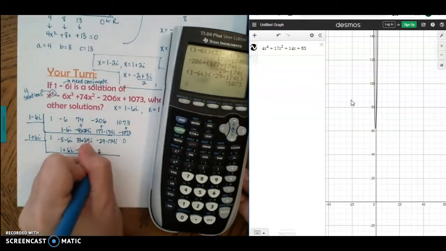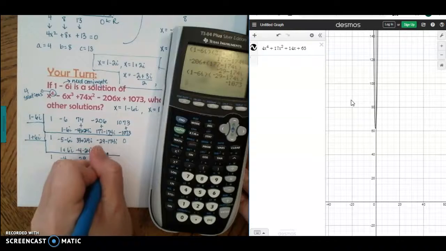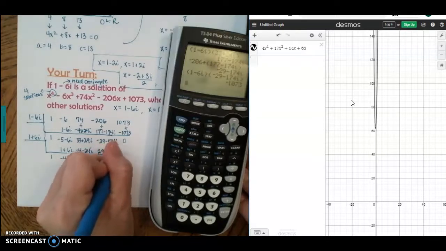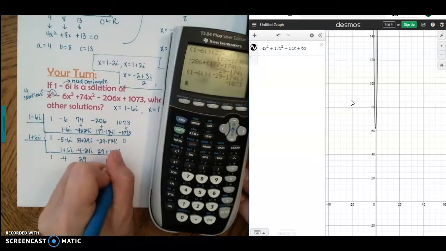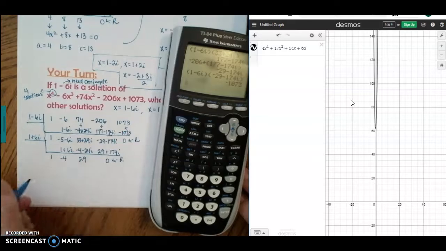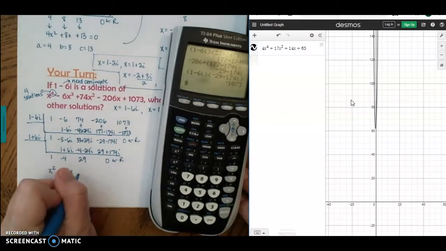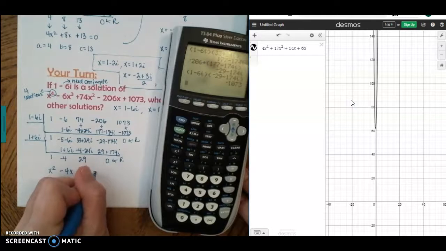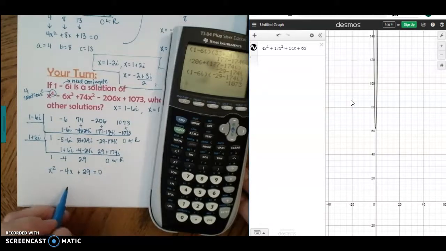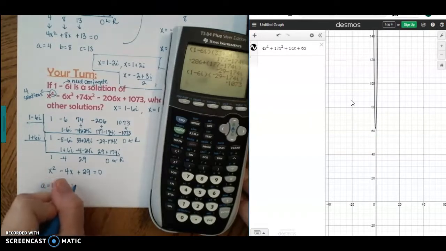So then I'm going to have 29 plus 174i. So all that cancels for 0 as your remainder. So my quadratic is x squared minus 4x plus 29 equals 0. So again, if I could do AC here, I would, but there are no factors of 29 that would give me negative 4. So we're going to do quadratic formula again.